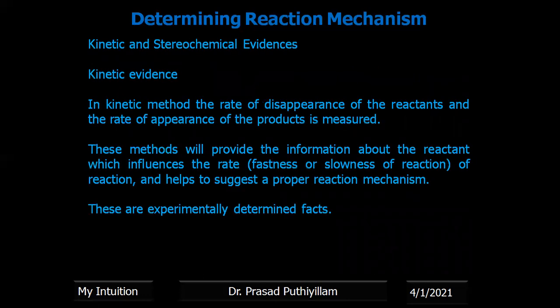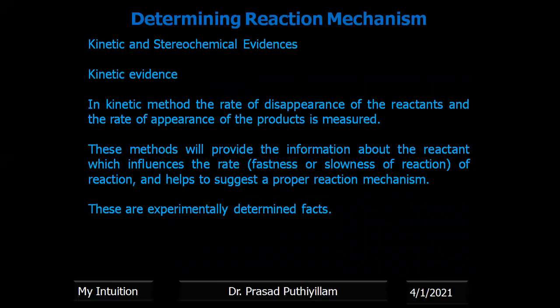Next one is kinetic and stereochemical evidences. Kinetic evidence is used to get the evidence required to propose a reaction mechanism. Usually the scientist will measure the rate of disappearance of the reactants and the rate of appearance of the products, which gives information regarding how the reactants influence the rate, or the fastness or slowness of the reaction, and helps to suggest a proper reaction mechanism.